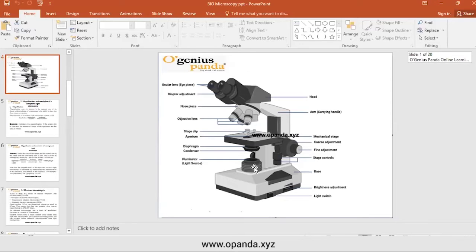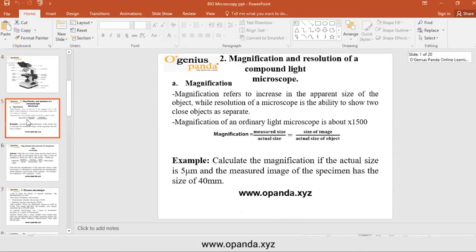When you turn it, you are going to clearly see the specimen placed on the mechanical stage. You find the light switch. After connecting the power, you switch on, or you switch off when you finish your work. These are the parts of a microscope. Let's now go on with magnification and resolution of a compound light microscope.